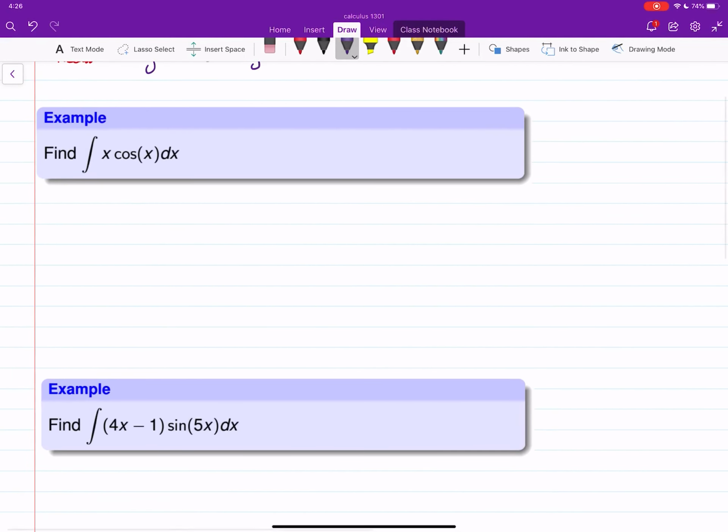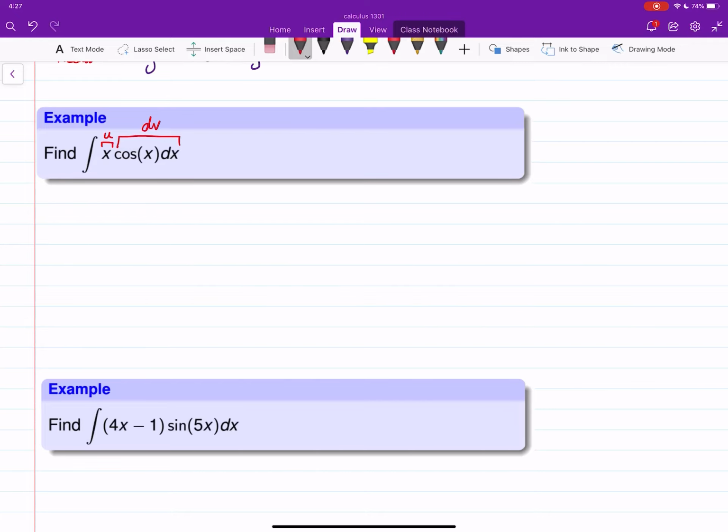Here I have an integral of x times cosine x. Well, there are two functions, so either I put u to be x or cosine x. Well, the good choice here would be setting u to be x and dv to be the rest.